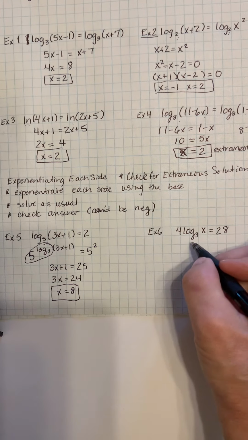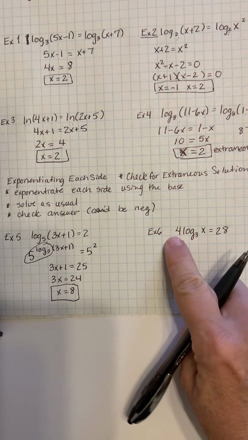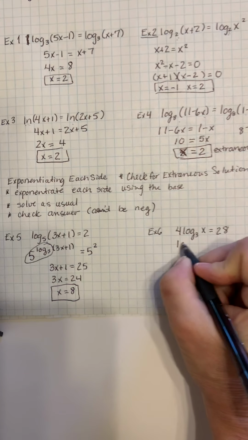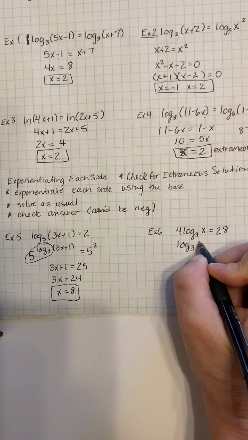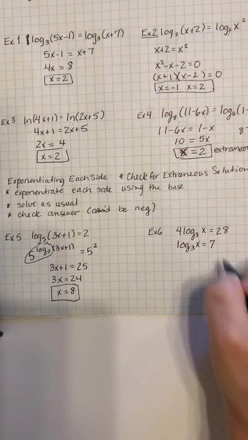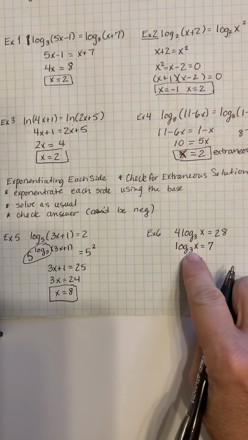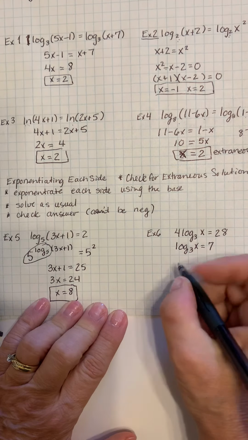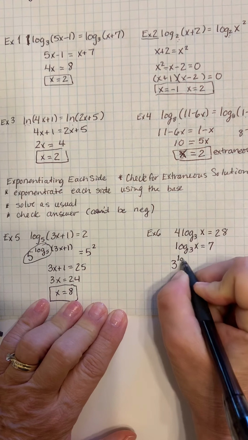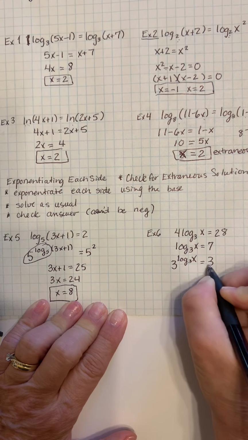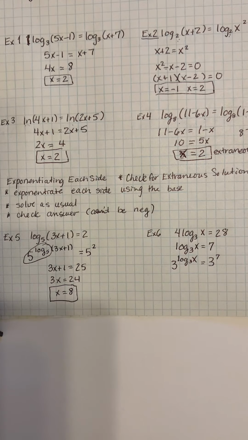Over here, now this one has a 4 in front of it. So since it has a 4 in front of it, we have to divide it out. So log base 3 of x is equal to 7. Now we have to undo the log of 3. We have to exponentiate that. So we're going to raise 3 to the log base 3 of x is equal to 3 raised to the 7th power.